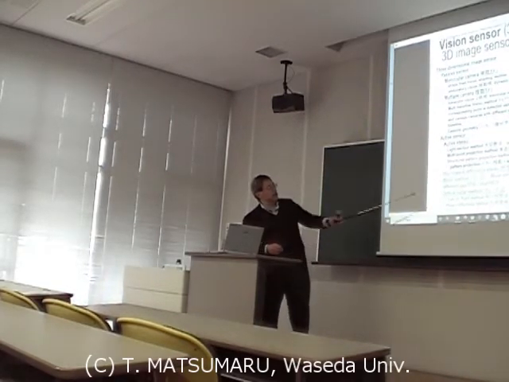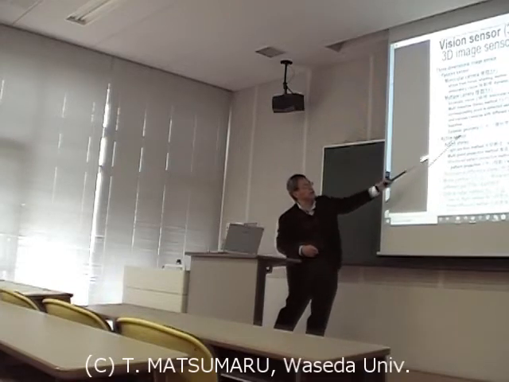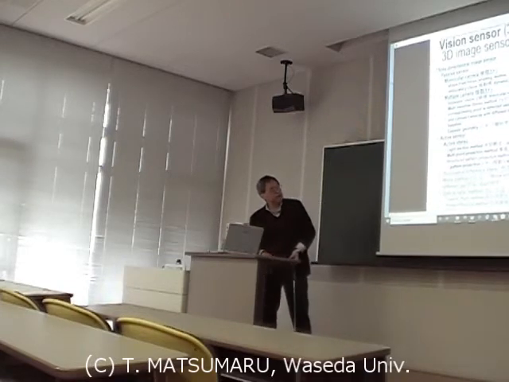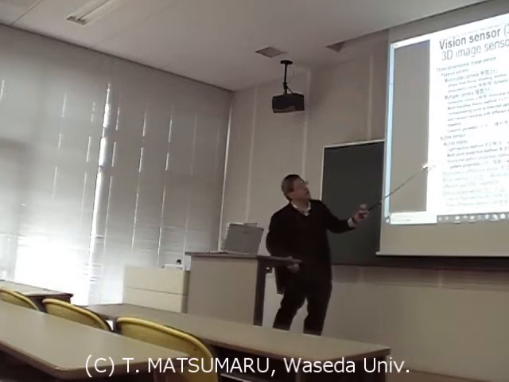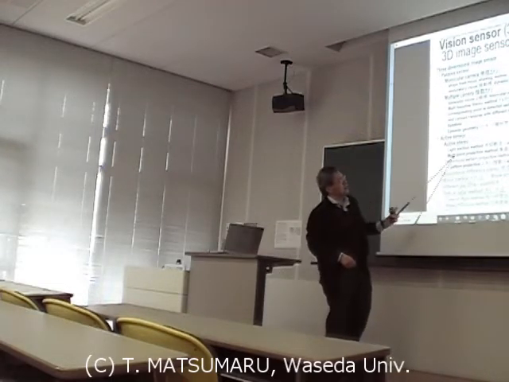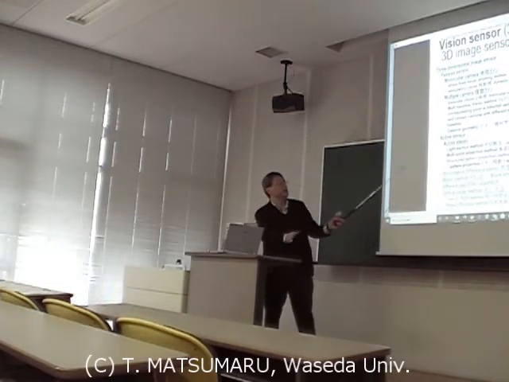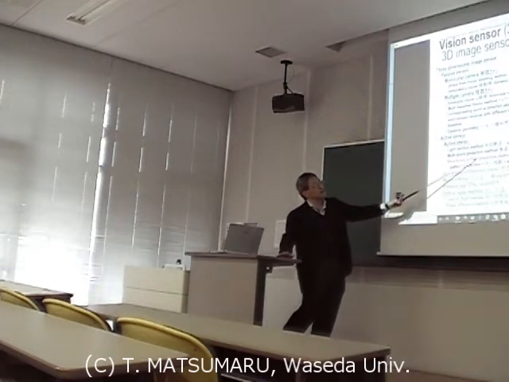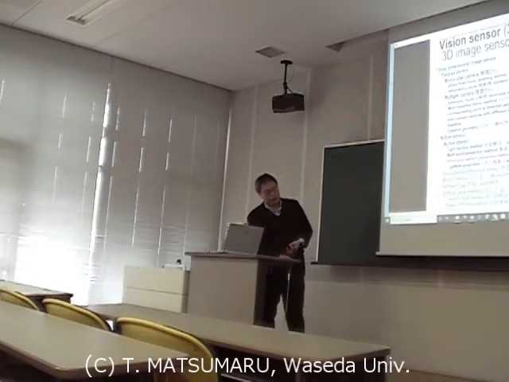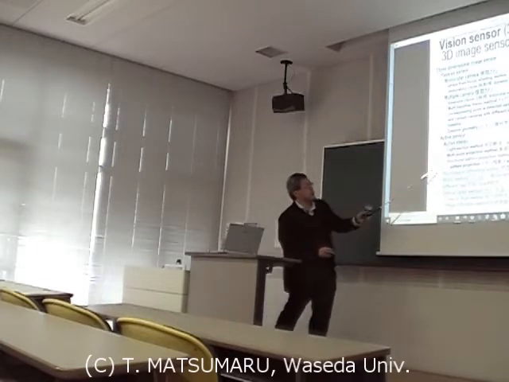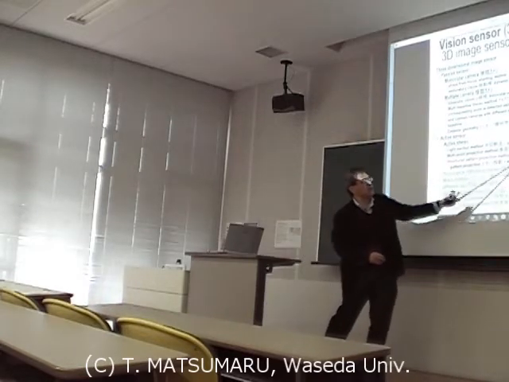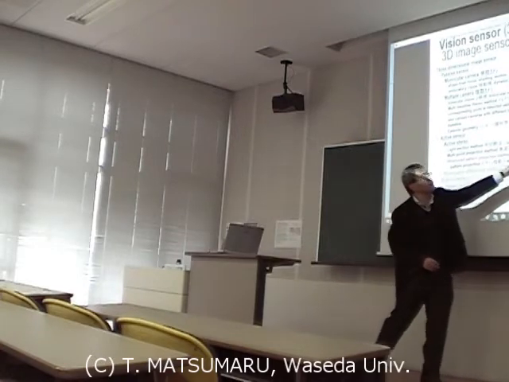And another way is active sensing. Active stereo means an active lighting pattern is produced, and then how this pattern appears is detected. Pattern projection and space coding look like this.